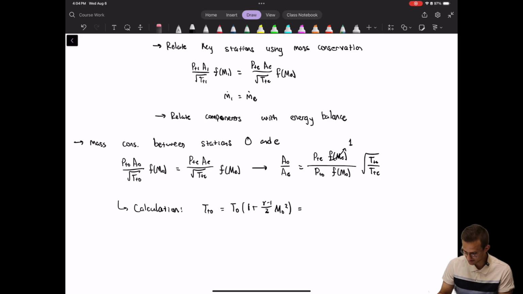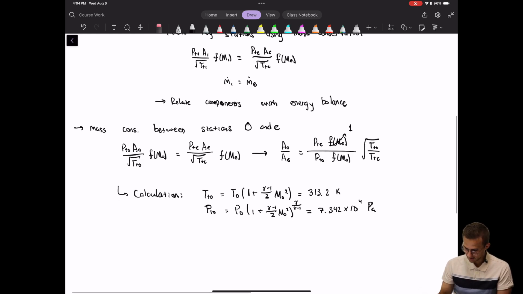Okay, in this case, TT naught is equal to 313.2 Kelvin, and then PT naught is equal to P naught times (1 plus gamma minus 1 over 2 times M naught squared) raised to gamma over gamma minus 1, and this is equal to 7.342 times 10 to the 4th Pascal.